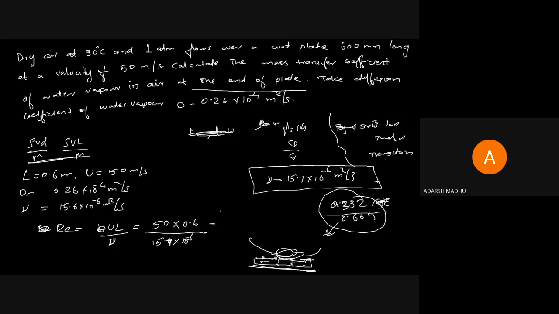And it is a question for a flat plate, so the reference value for Reynolds number is 5 into 10 raised to 5. If it is a question for a cylinder, or a flow through a pipe, we take the reference value as 2000. Right? Here the value is 5 into 10 power 5. So find the value of Reynolds number.